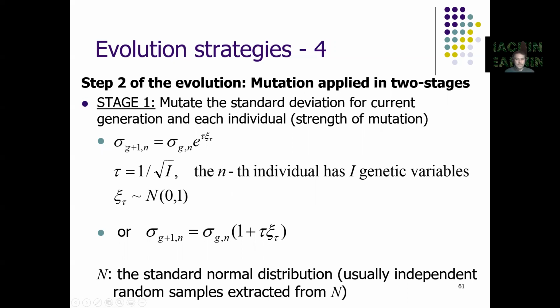The mutation step size at generation G+1, the next generation, depends on the step size at generation G, multiplied with this kind of exponential function, and this alters the values of the mutation. You can see the parameters here. This parameter again follows the normal distribution with mean 0 and deviation 1.